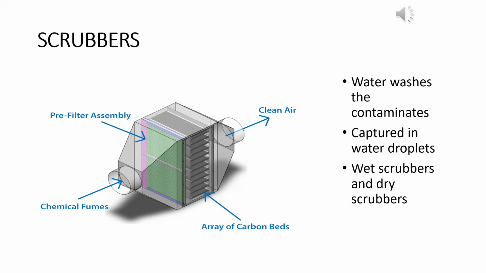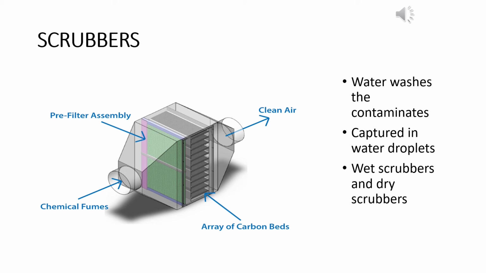That material is nothing but like a filter, and when the air containing the particulate matter and all the contaminants is passed through this packing material of carbon beds or some other things, these particulate matters get deposited into the packing material, and then on the other side the clean air gets out from the other outlet.